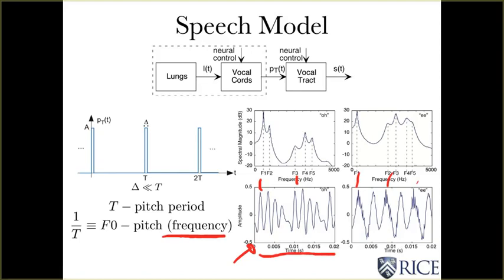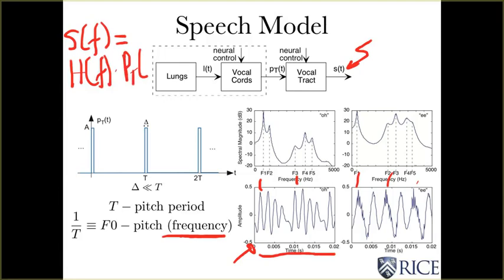So what should we expect the spectrum of the speech to look like? Well, as we know, the spectrum is equal to the transfer function times the Fourier transform, in this case the Fourier series of the pitch signal.